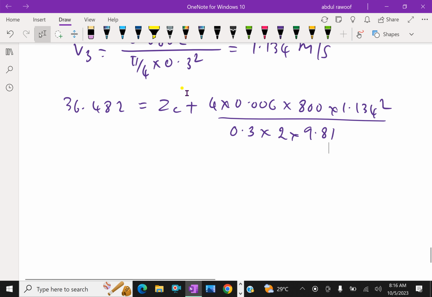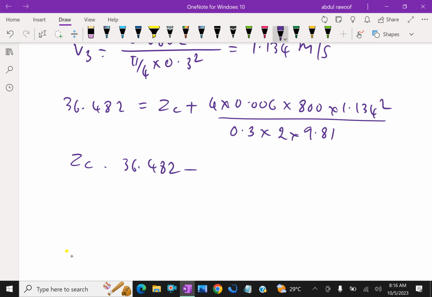From this relation, calculating and collecting terms, ZC equals 36.482 minus 4.194, which equals 32.288 meter.